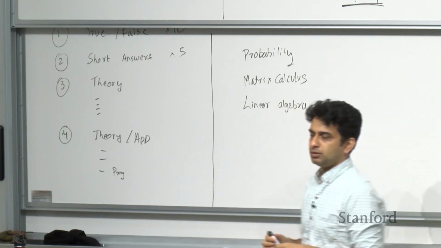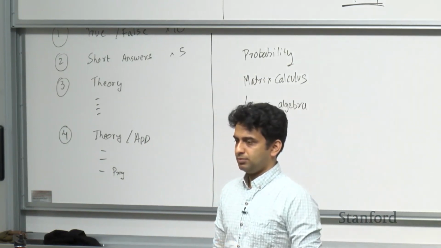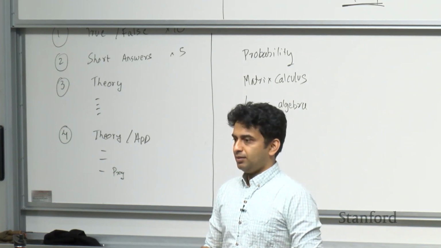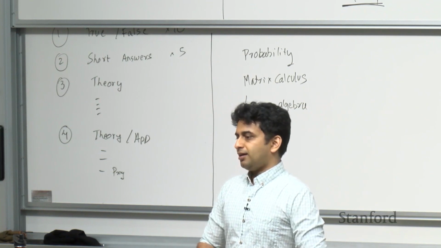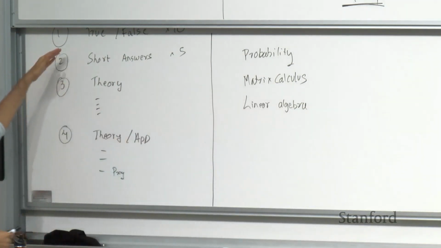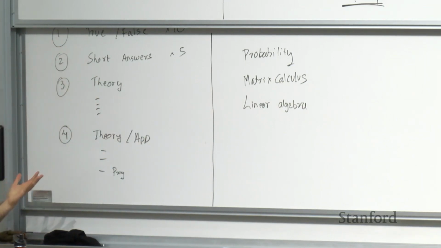Yes, question. Approximately how many hours do you expect it to take? Because it actually takes 24 hours to finish. It's hard to say. So these are true false questions and short answers. I mean, we expect you to say true or false with one sentence for an explanation, so 1 or 2 sentences for justification.